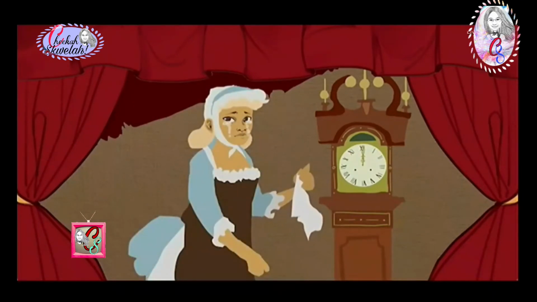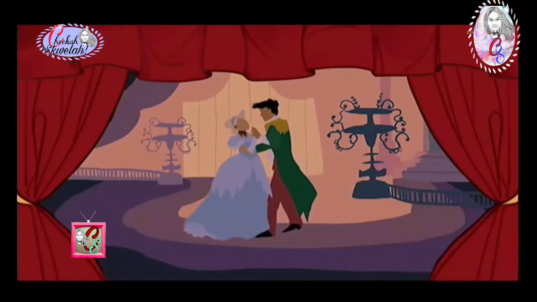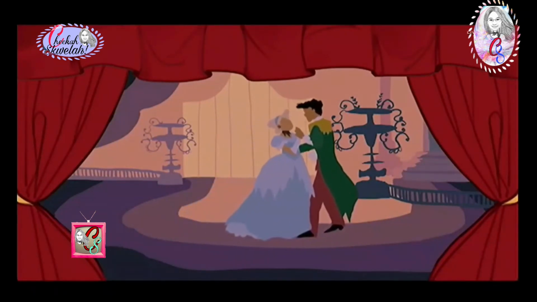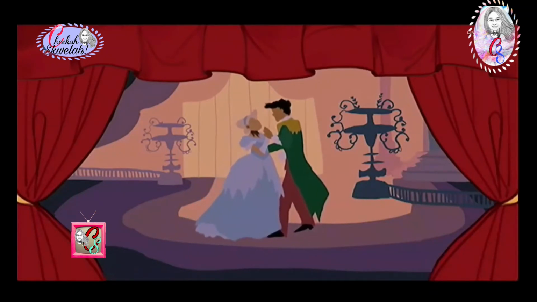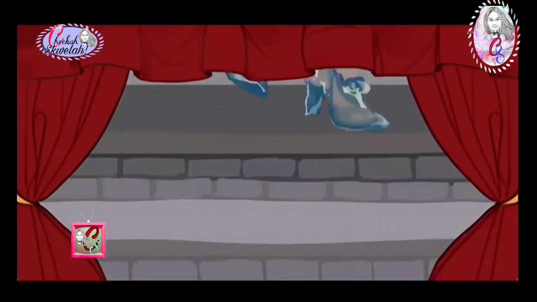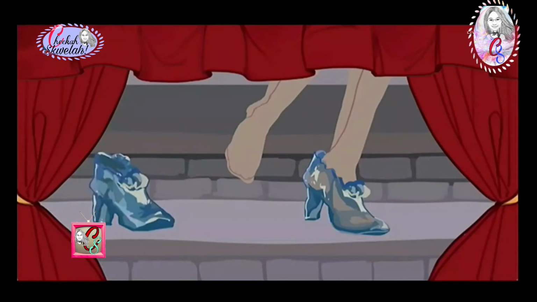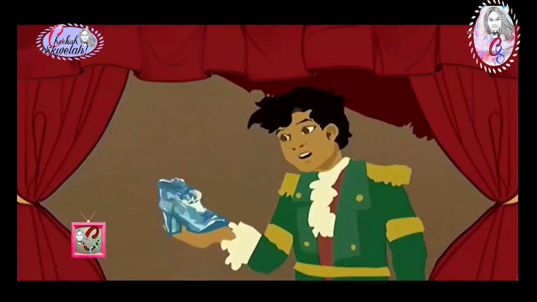Cinderella went to the ball and danced all night with Prince Charming that she did not even notice that it was midnight. She hurriedly went home and left one glass shoe at the palace. The next morning, Prince Charming let every woman try to fit the shoe until he reached Cinderella's house.